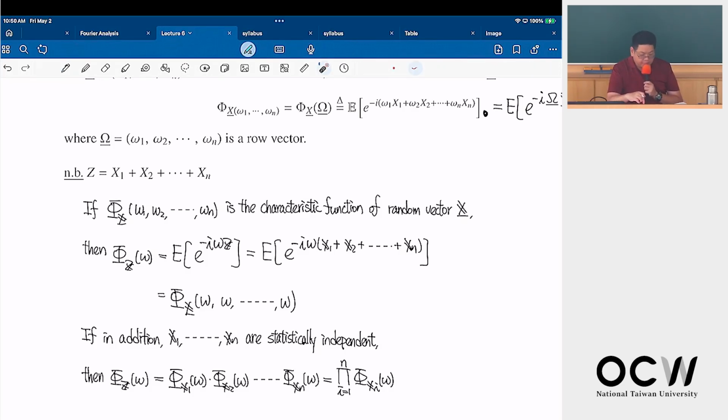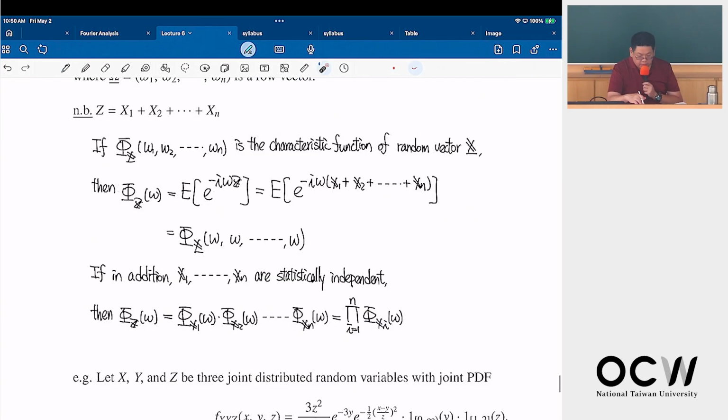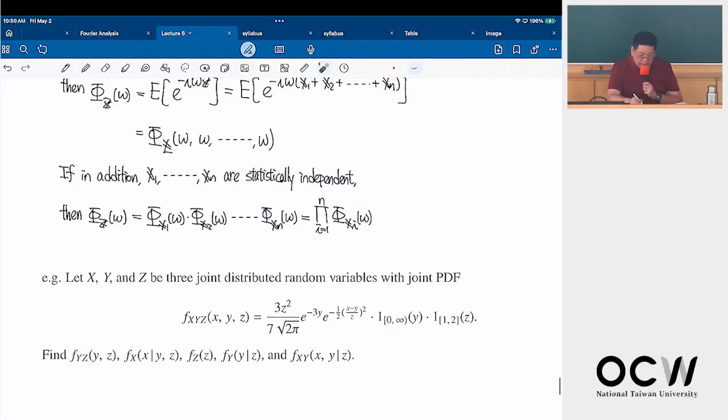Now let's see some examples. I have 3 random variables, jointly distributed with the PDF. Now I want to find the joint PDF of yz, or x given yz, or the PDF of z, or the PDF of y given z, or the PDF of xy given z.